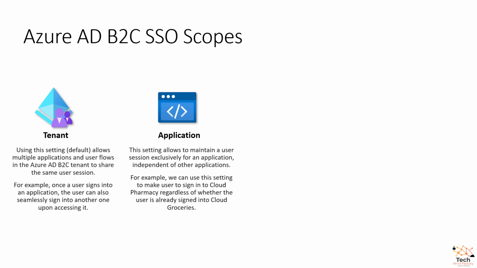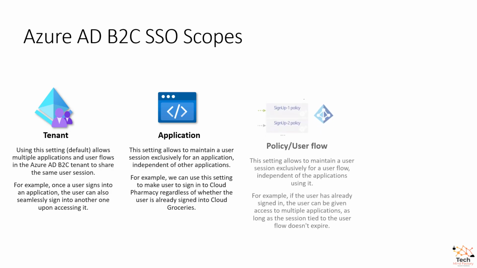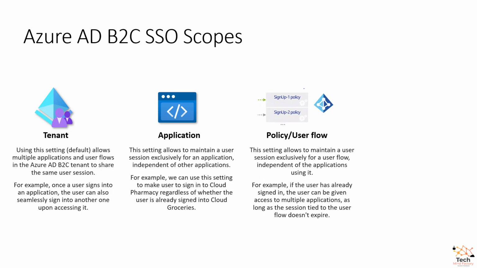Then, even if the user is authenticated in application number 1, secured by Azure AD B2C, and opens application number 2 in the same browser in a second tab, the user will have to authenticate again, and provide credentials once again. To be more precise, another scope: policy or user flow.